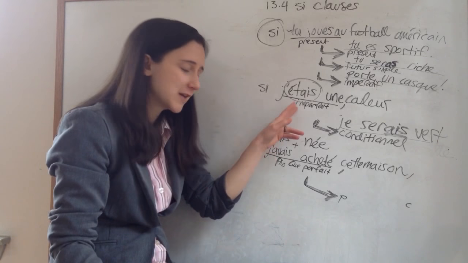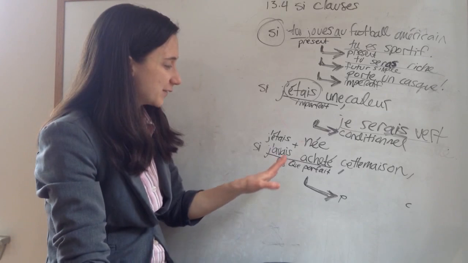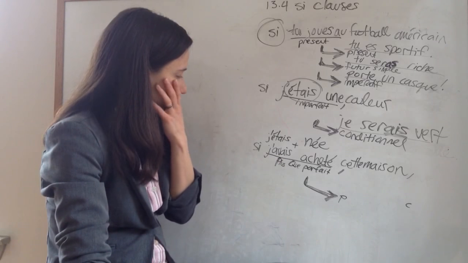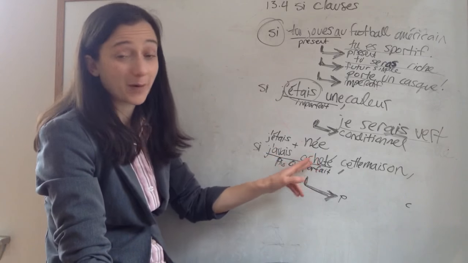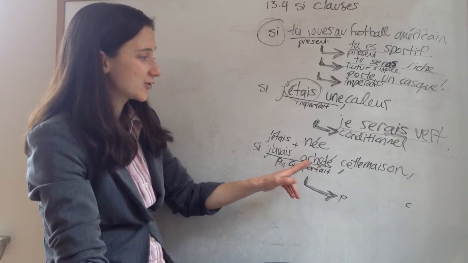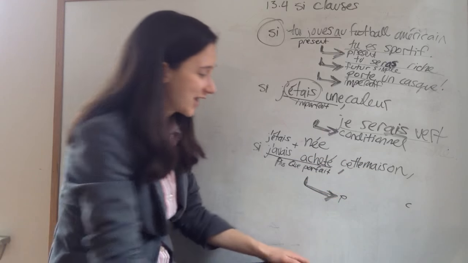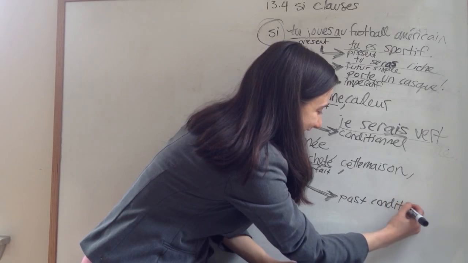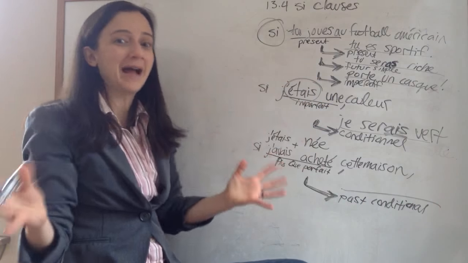We have the imparfait, which changes to the plus que parfait, okay? And remember that plus que parfait is the imparfait plus our past participle, right? So now we're going to have the conditional, and that's going to change to the past conditional, which is going to do another crazy mashup here.